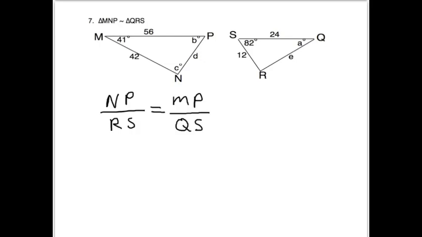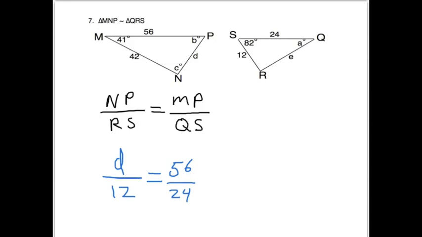And so we can set up a proportion using that known ratio, MP and QS, and we can set it equal to the ratio that we're looking for. Now let's substitute in those values that we know. NP again refers to this length. NP is unknown, that's D units, divided by RS, which is 12, and that equals MP over QS.